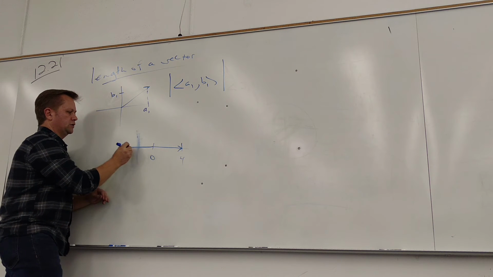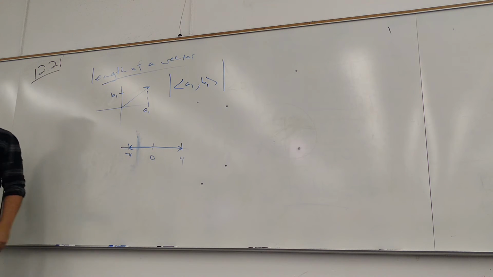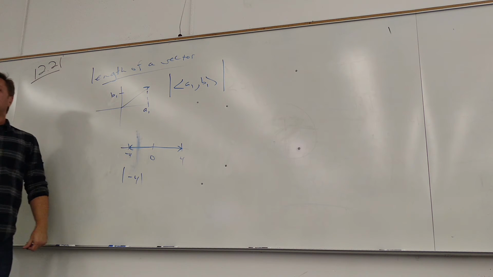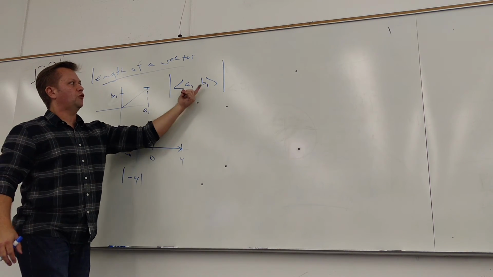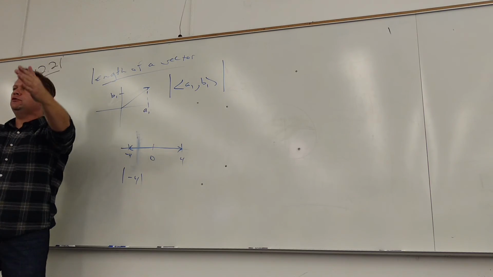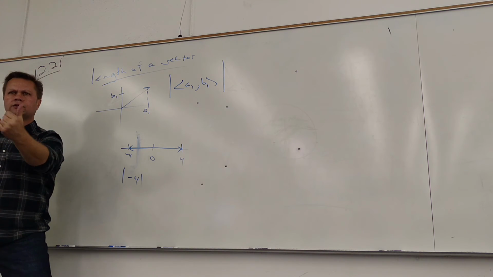How long is the vector that points to -4? 4. So when I say the absolute value of -4, I am actually asking you the length of the vector that points to -4. You just wouldn't say that before now, but now I can realize that's what we're saying. That's why the symbol for the length of a vector is the absolute value symbols, because that's really what it means. It's the length of the thing. You guys kind of with me?